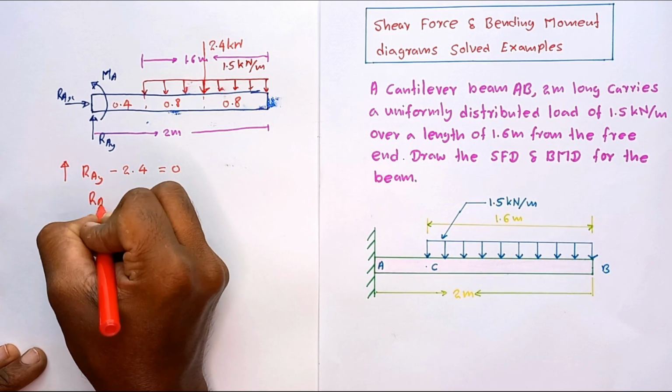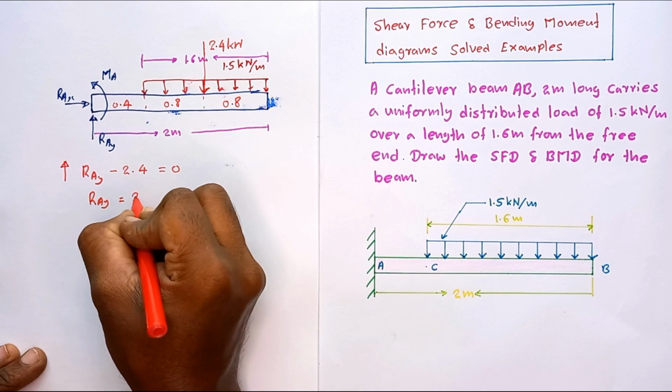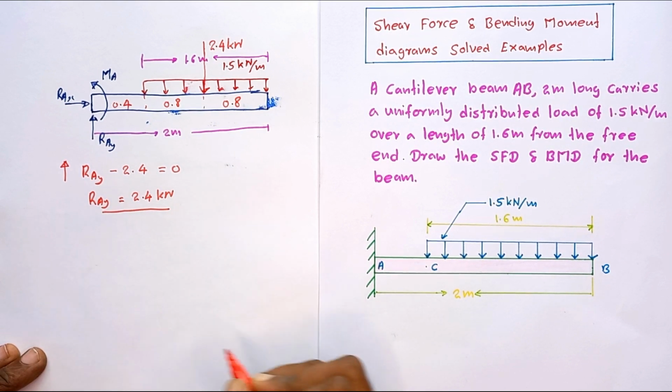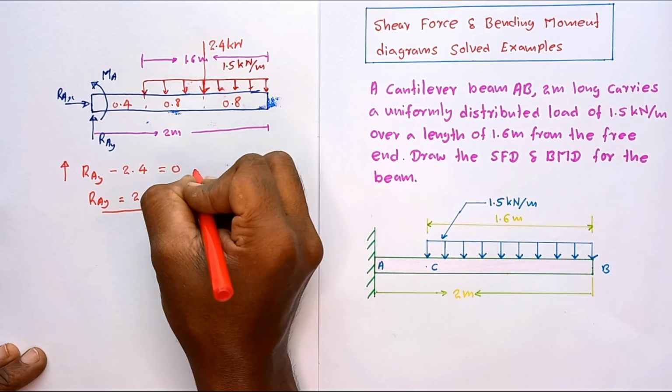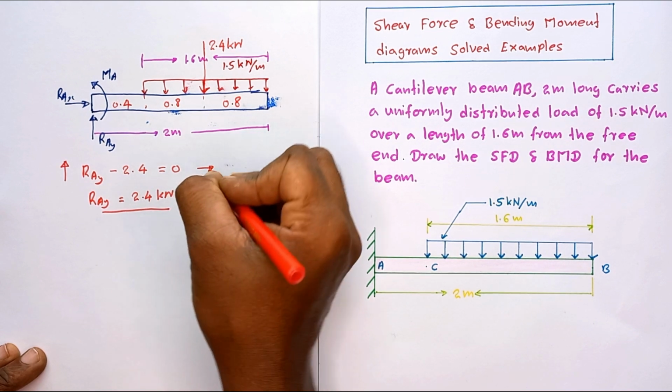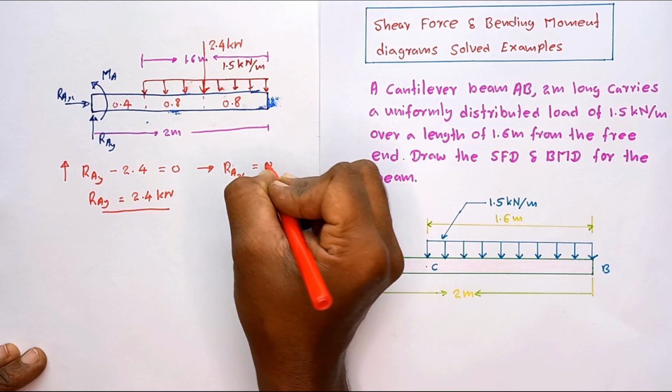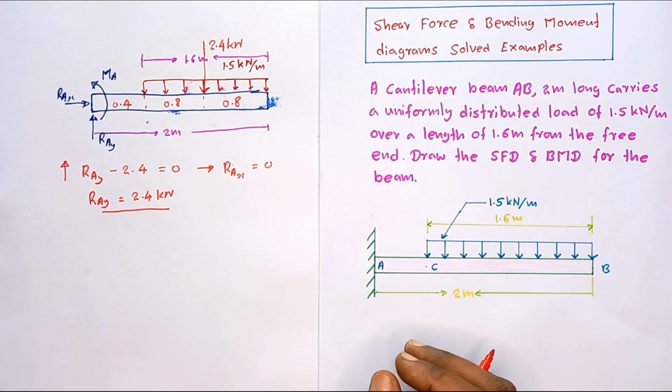So RAY is equal to 2.4 kilonewton acting upward. Then by resolving the forces in the horizontal direction, RAX is equal to 0. There are no horizontal forces.